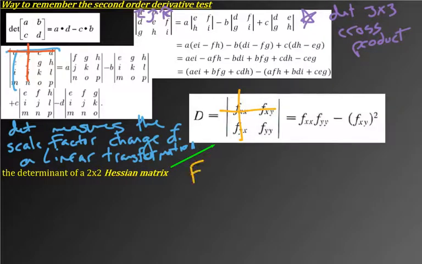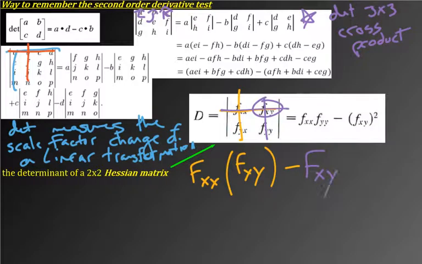So you're doing f with respect to x twice, then times, in a sense, a 1x1 determinant, which is just like f y. And then you're minusing the next term. You're blanking out this guy and the row and column through there.